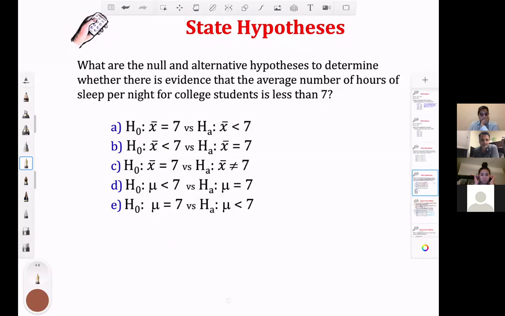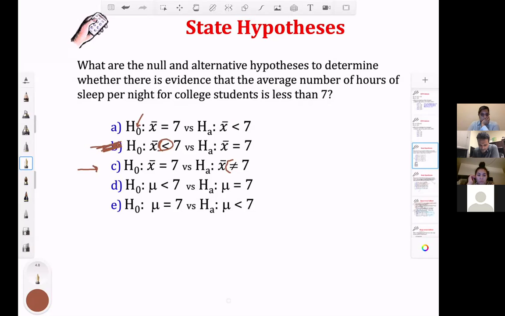Which one has to go away? Certainly C, because if they're referring to less than 7, then we want to keep that sign, right? The less than sign. And C does not have that option. Very good. Also at the beginning, we look at the null hypothesis, we should only have the equal sign. B has inequality, so this is out.